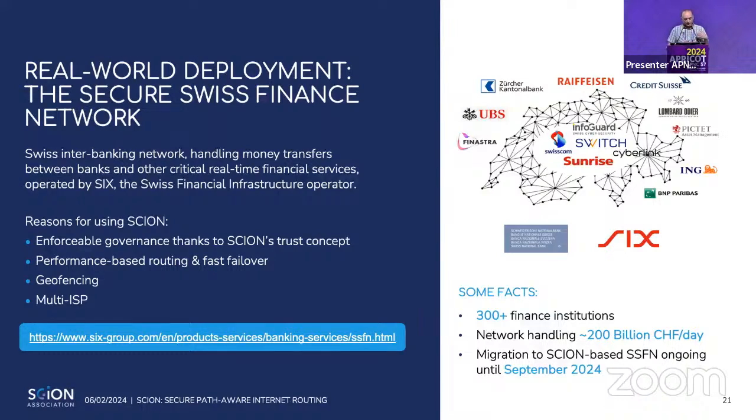And one of the reasons for this is that they really wanted to have an enforceable governance concept. They wanted to have geofencing, but they wanted this to be supported across multiple ISPs as well. That was the idea behind it. So this is supporting around 300 finance institutes and handling quite a lot of financial information.